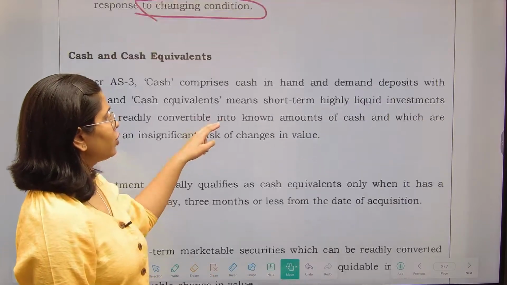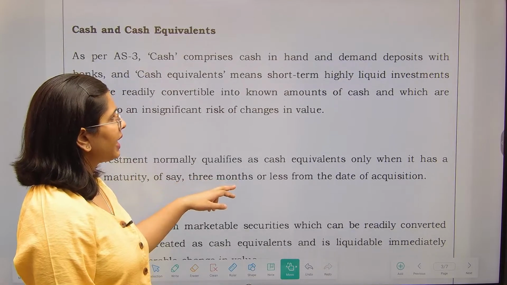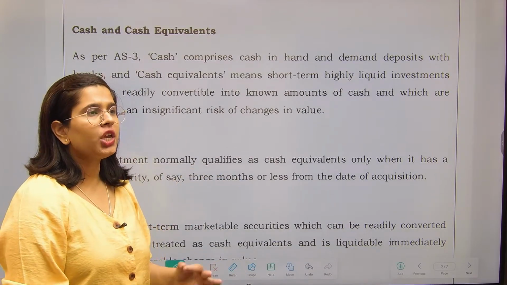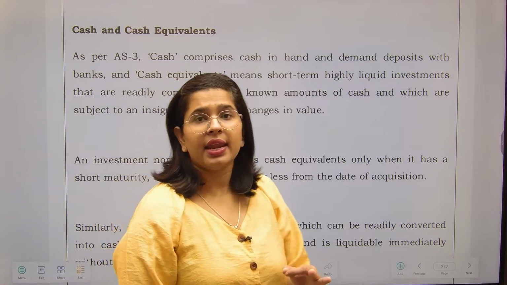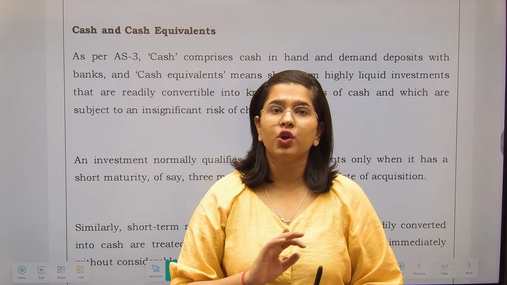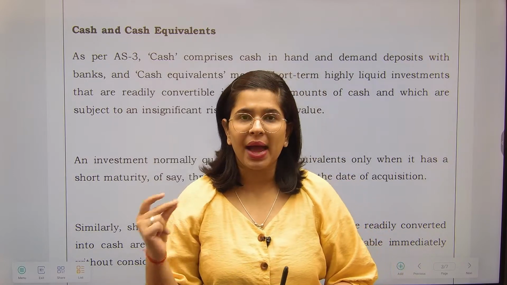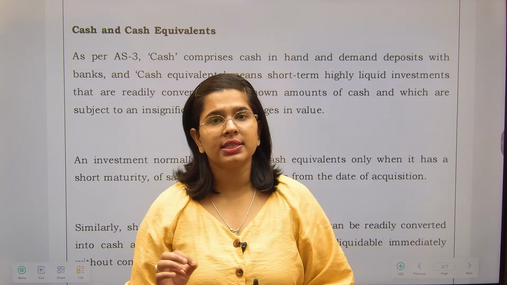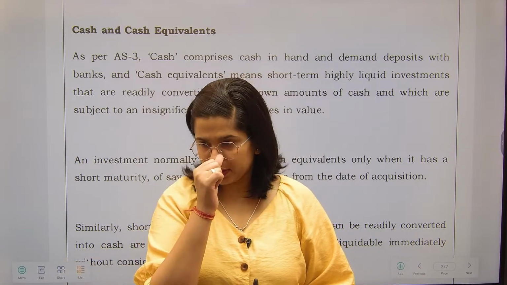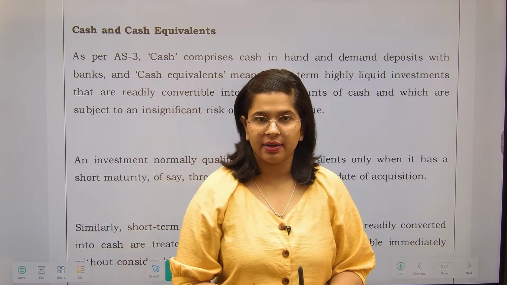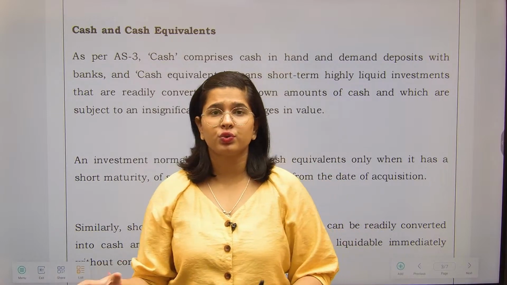Now we will be moving to the important thing called cash and cash equivalents, right? So what do cash equivalents mean? An asset which can be converted into cash within no time, quickly, with no loss in the value of that particular asset. Suppose I have to sell a land, so I will have to wait for a suitable buyer.